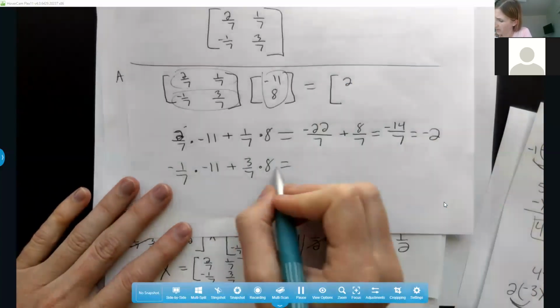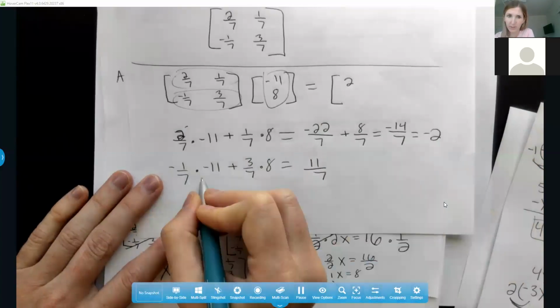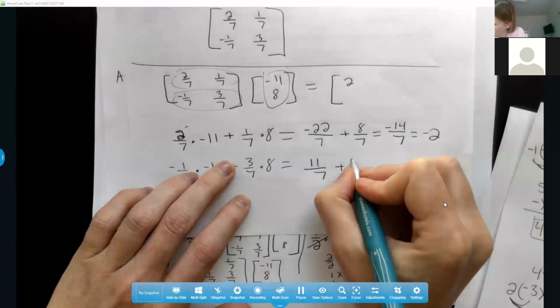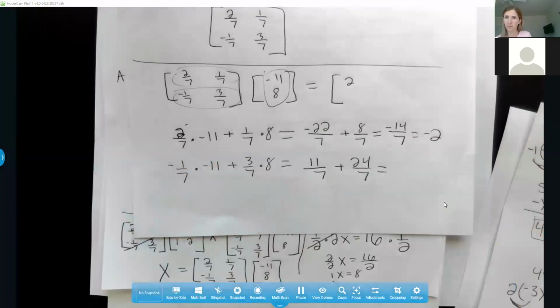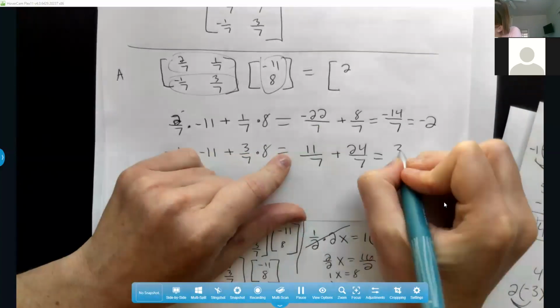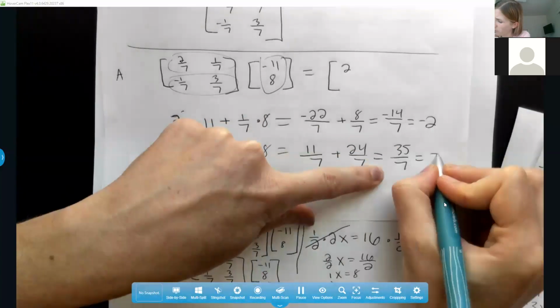All right, and then on the next one, -1 times -11 will give me a +11/7 plus 8 times 3 is 24/7. And I'm just going to add the numerators and I get 35/7. And 35 divided by 7 gives me 5.